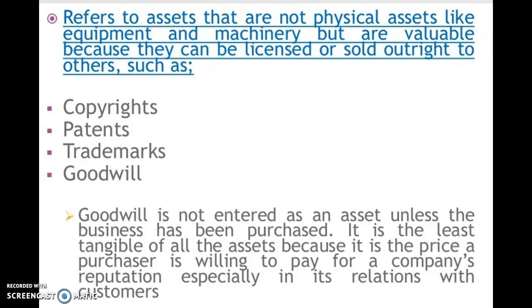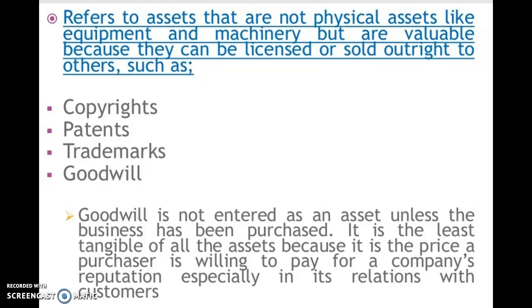So how do they differ? Fictitious or nominal assets are those assets which are shown only in the books of account for accounting purpose and they do not have any market value. In interviews and in the examination, we generally ask a question, difference between intangible assets and the fictitious assets.